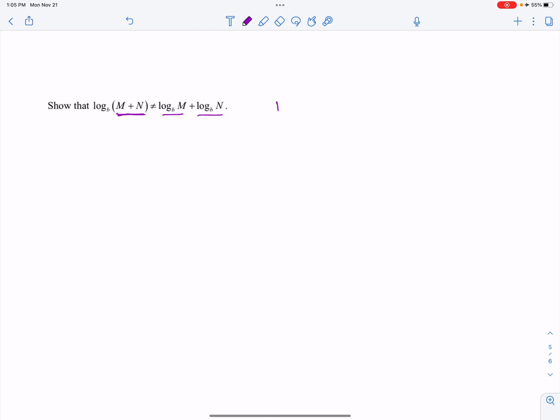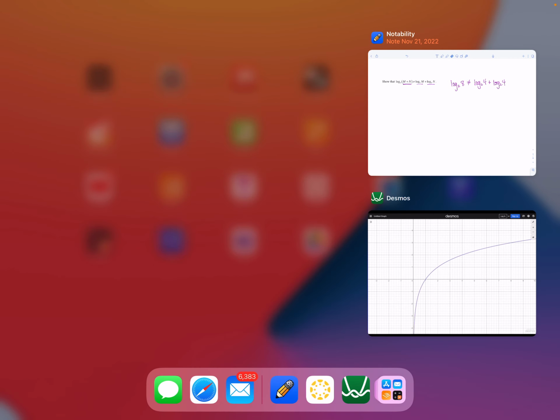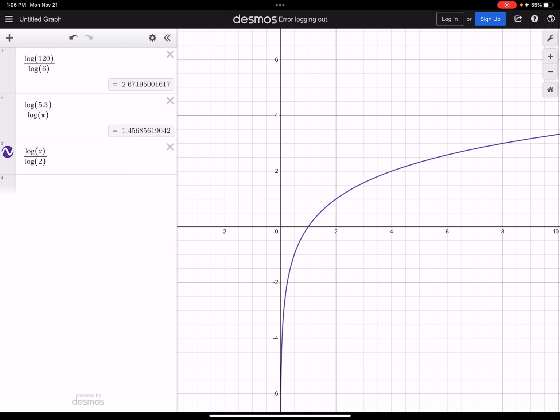So if I have log base 2 of 8, that is not going to be equal to log base 2 of 4 plus log base 2 of 4. So if we figure out what is log base 2 of 8, well, we can use our change of base formula just like we did before.